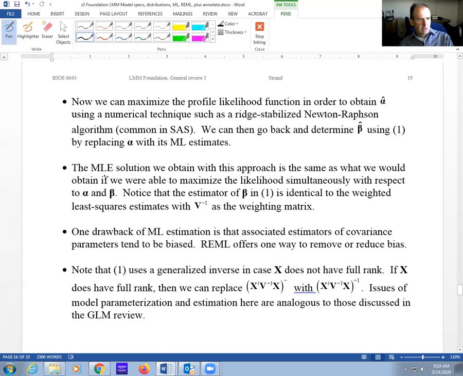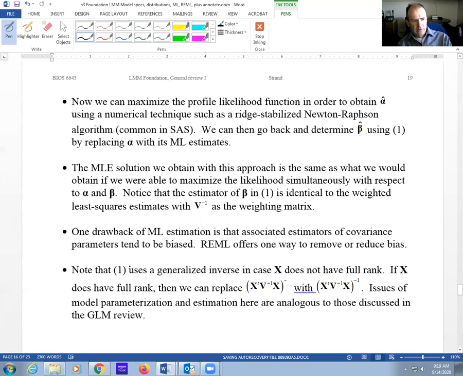Let's see, what else have I mentioned here? So that MLE solution that I talked about, if you use the profile likelihood, it's the same as simultaneously estimating the covariance and fixed effect parameters, okay? So what we did is we took that likelihood, we conditioned on the covariance parameters in order to get an algebraic form for our fixed effects, and wrote our profile likelihood, and then maximize that.